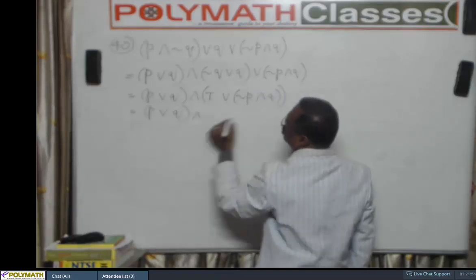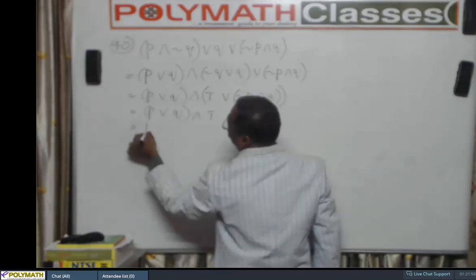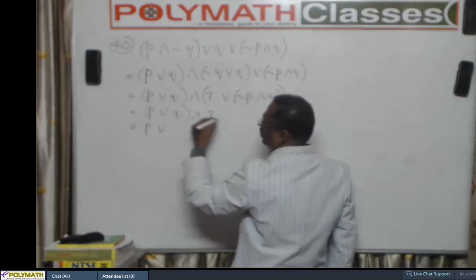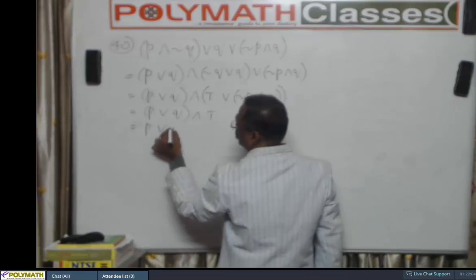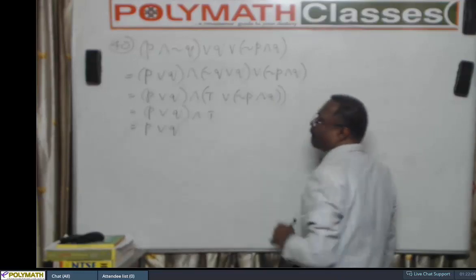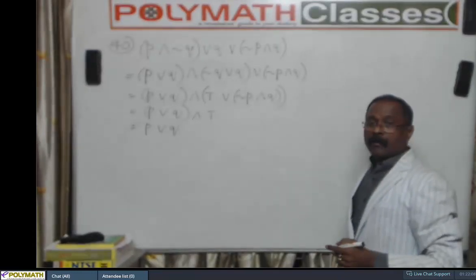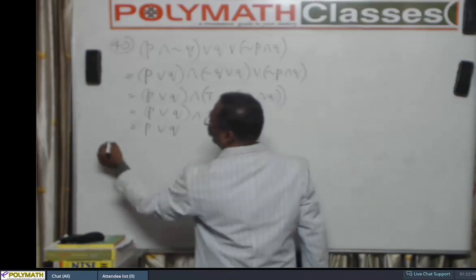And hence this is P or Q, and true is nothing but P or Q. Now you proceed like this.